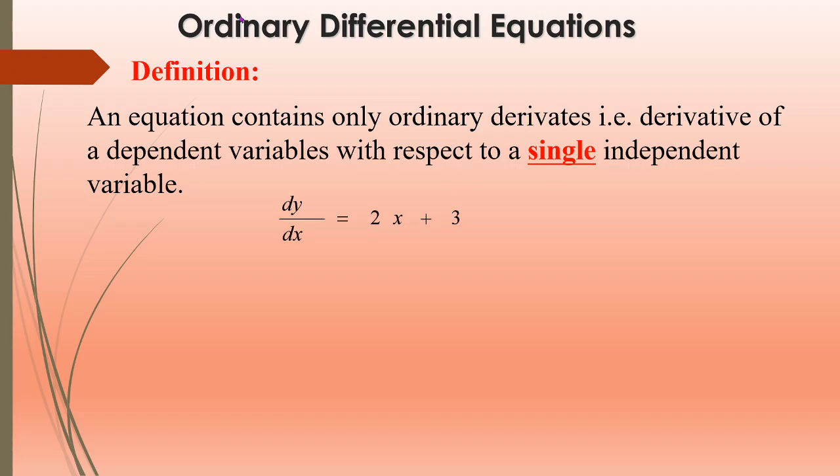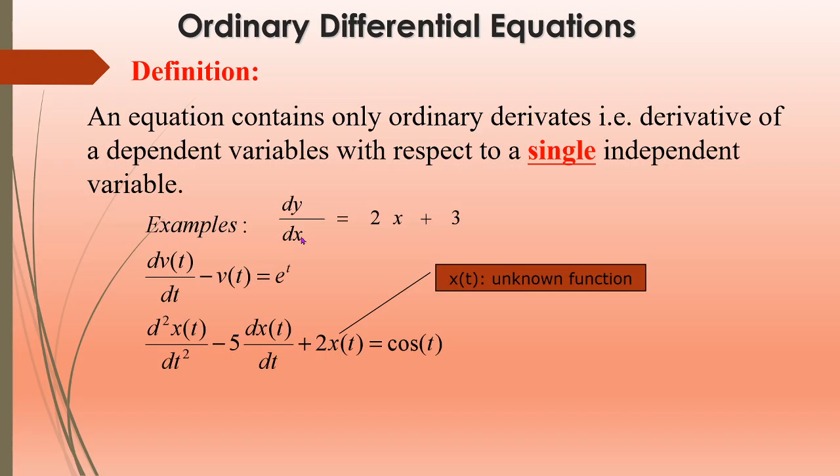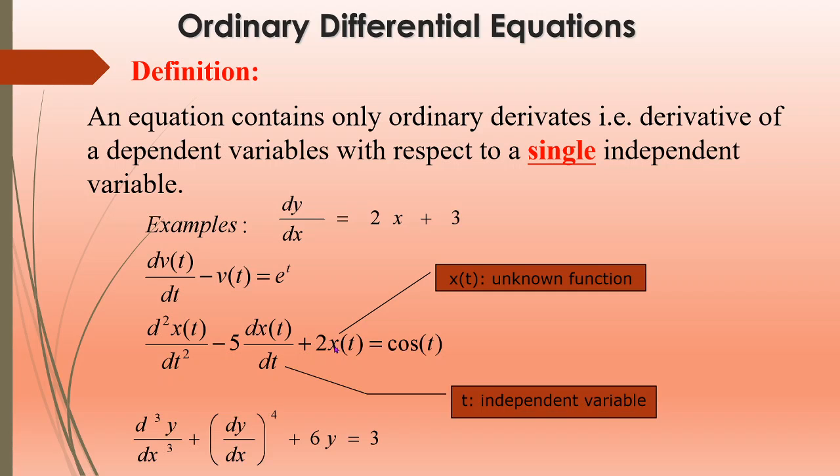Note, in the case of an ordinary differential equation, we have only one dependent variable and one independent variable. Here are examples of ordinary differential equations. Here the unknown function is x of t. You can find x depends on t, so t is an independent variable and x is a dependent variable.